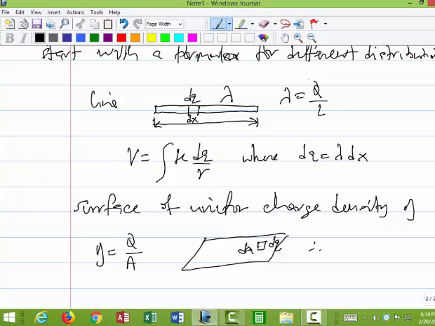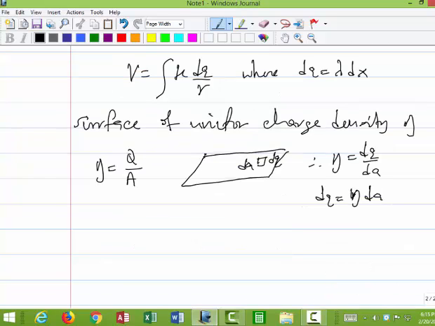Therefore, eta is equal to dq over dA, and so dq is equal to eta dA. So the potential V is equal to the integral over the surface of K dq over R, which can be written as the integral of K eta dA divided by R.